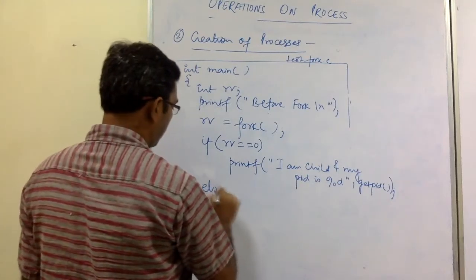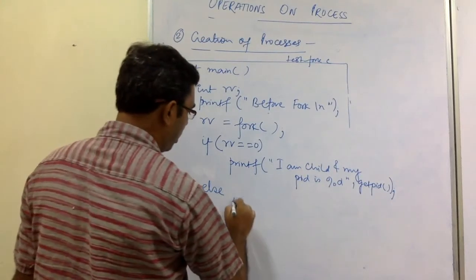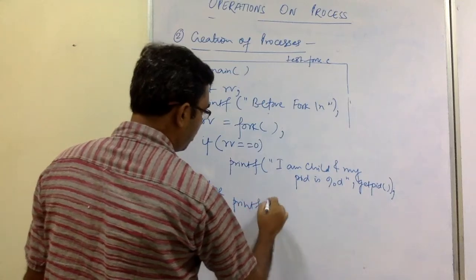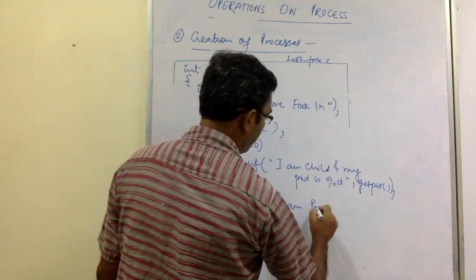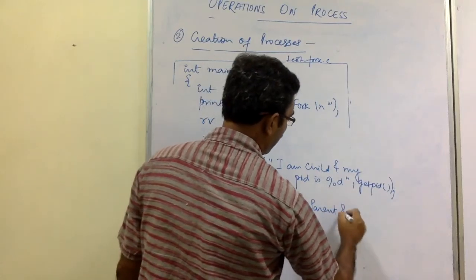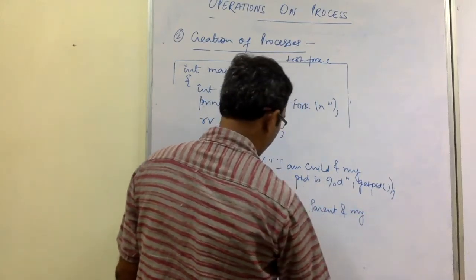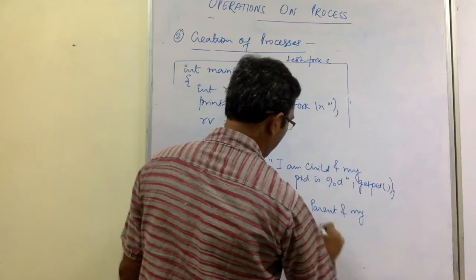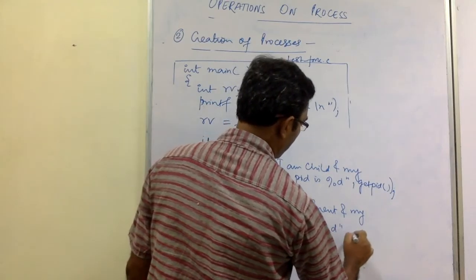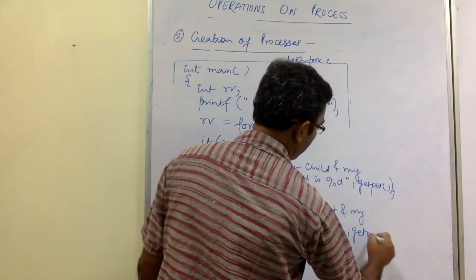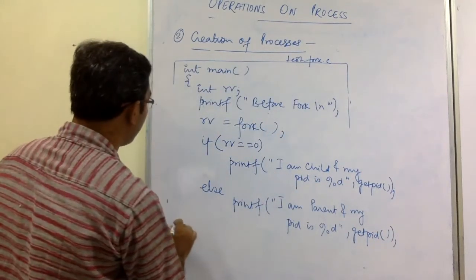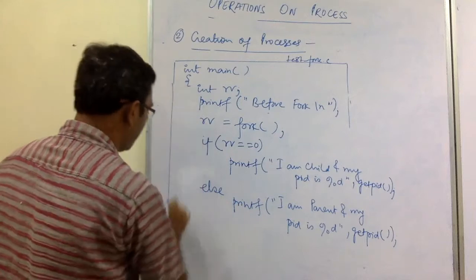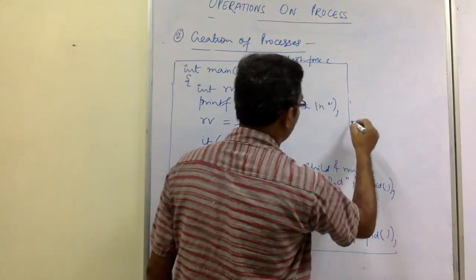And if I am not, then I would like to print that I am the parent and my PID is, again from the getpid system call. So let's see what happens if we execute this code.